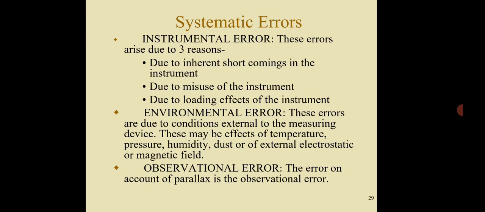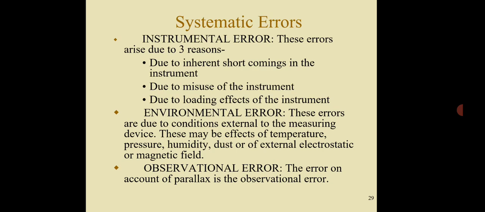Sometimes when you purchase an electronic device, at the start its functionality works very fast. But as the days go on, due to temperature, pressure, humidity, and dust, the instrument works in a slow or delayed fashion. That type of error is known as an environmental error.